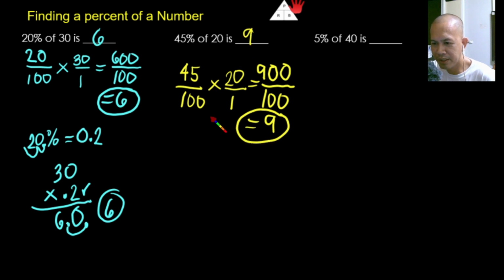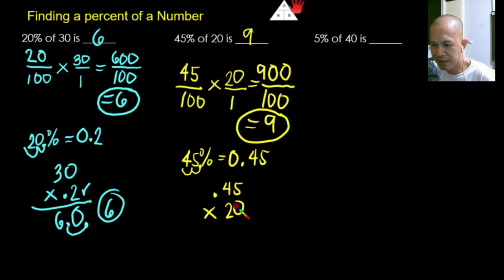So the second way is changing 45% into a decimal. So we're going to move two places, going to the left. Gives us 0.45. Okay, so we're going to multiply 0.45 by 20. So we have 0 here. And then 2 times 5, it gives us 10. Carry 1.